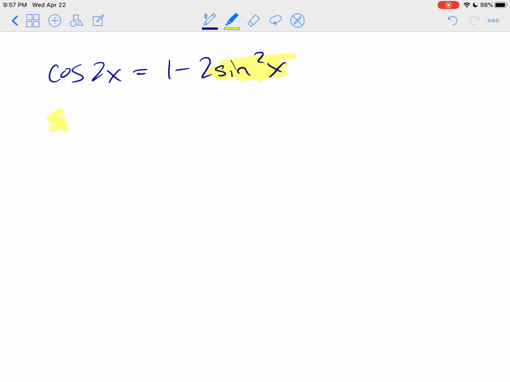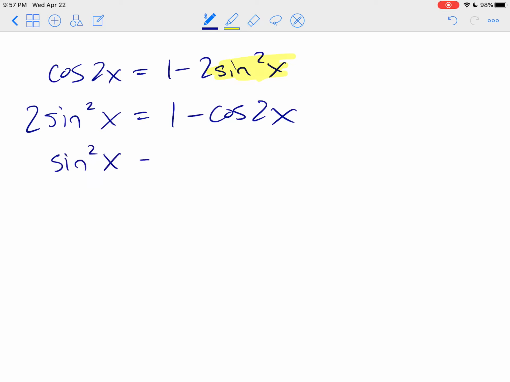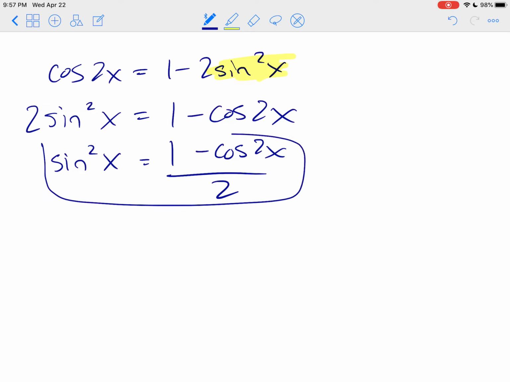So that means I have 2 sine squared of x equals 1 minus cosine of 2x. Then I'm just going to divide by 2. Sine squared of x is equal to 1 minus cosine of 2x divided by 2. And that's it. This is the power reducing formula for sine squared.